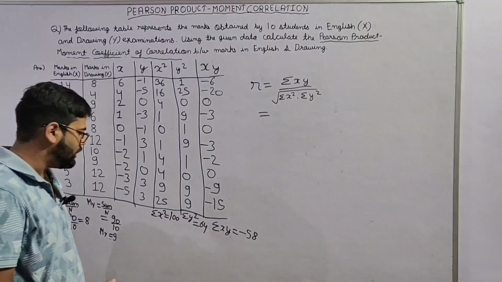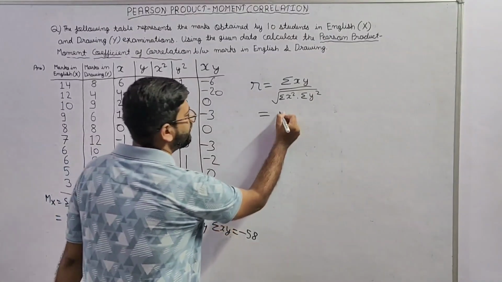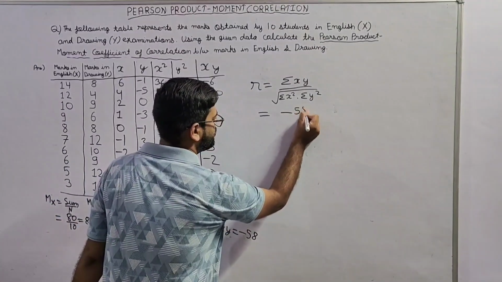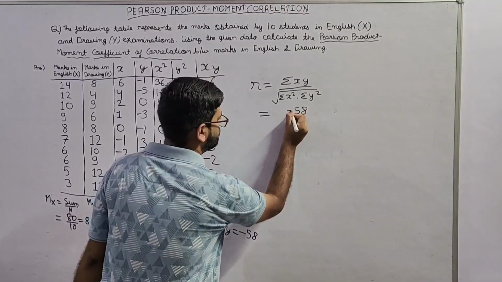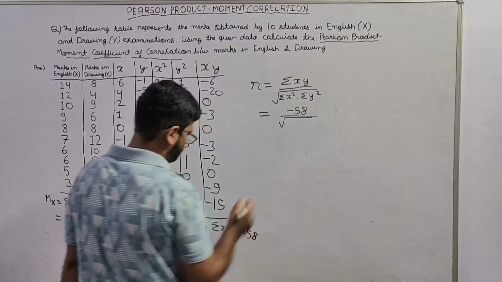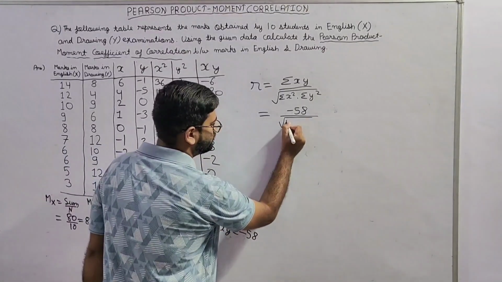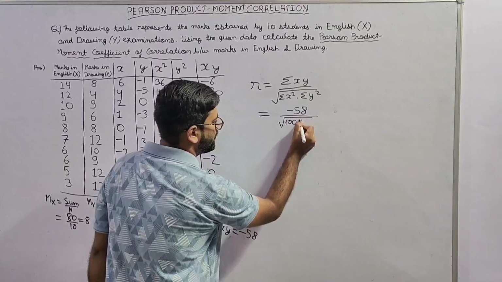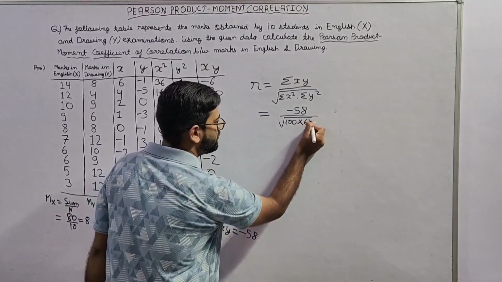Now we put each value: summation xy is minus 58 upon root of summation x square, which is 100, multiplied by summation y square, which is 64.